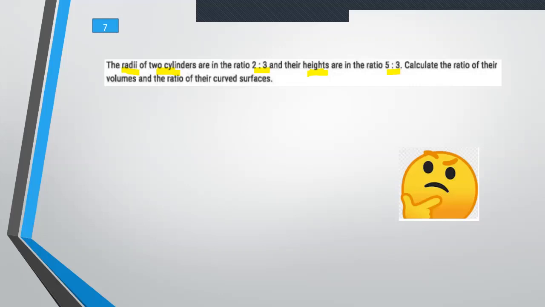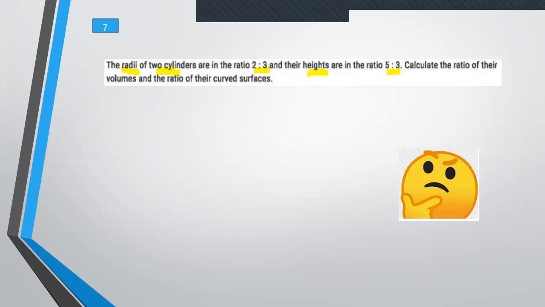Please do not take same variables. If you are taking variable for radii as x, the variable that you take for height should be y or z or anything else. You should not take the same variable x here also, otherwise the whole sum goes wrong. Everything gets cancelled off and you're very happy. So if you're taking radii as 2a, 3a, then your heights will be 5b, 3b.